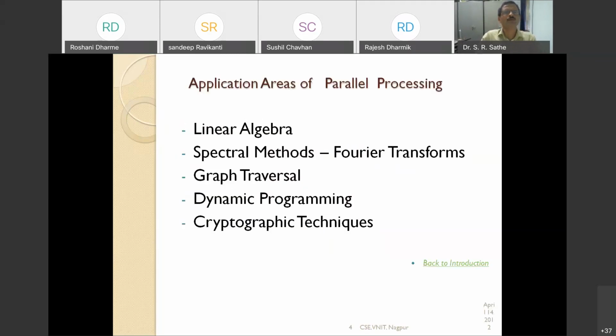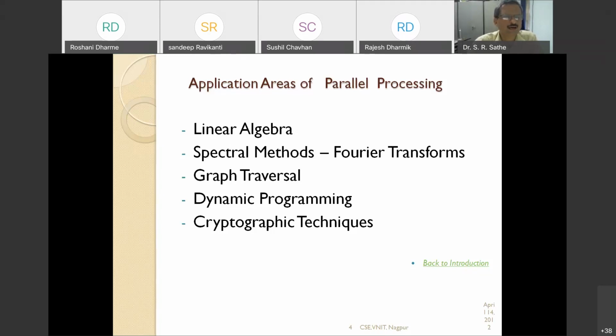The application areas of parallel computing are nowadays too many. Just to name a few related to computer science or scientific computing, we have linear algebra: all sorts of matrix algorithms like matrix transformations, Gauss-Seidel methods, and others which can be parallelized. Then spectral methods like Fourier transforms, which are heavily used in signal processing. Graph traversal techniques, and dynamic programming, a very important optimization technique, can also be parallelized.